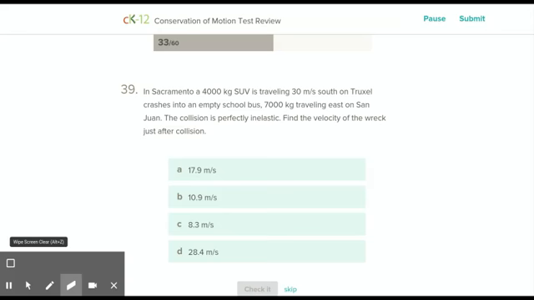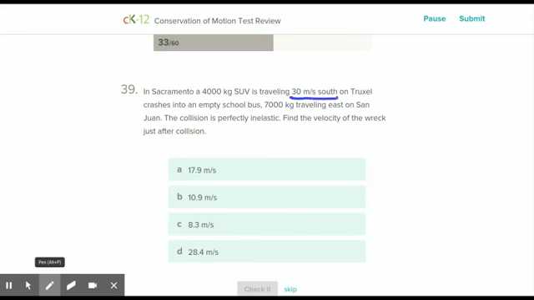So here, this is your V1. This is your M1. And then the school bus is your M2, traveling east. The collision is perfectly inelastic. Find the velocity of the wreck just after collision.